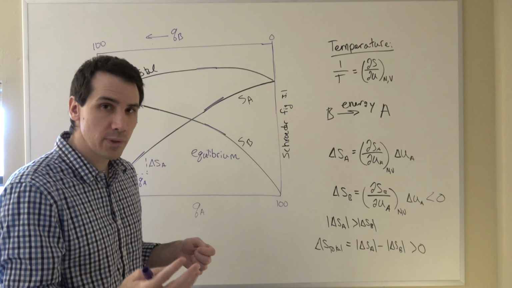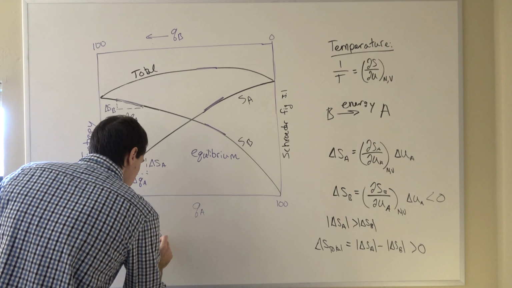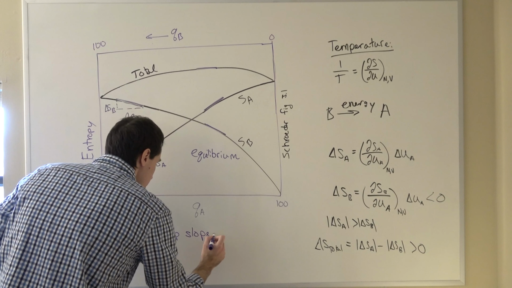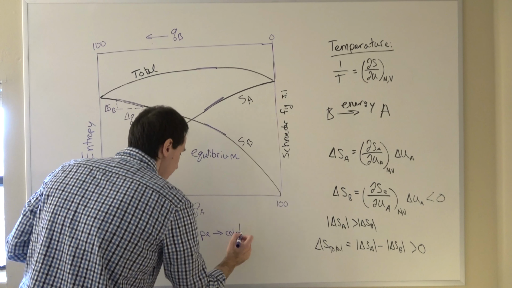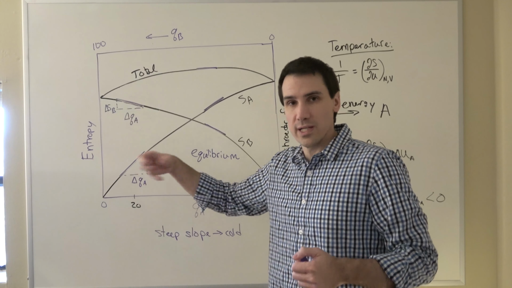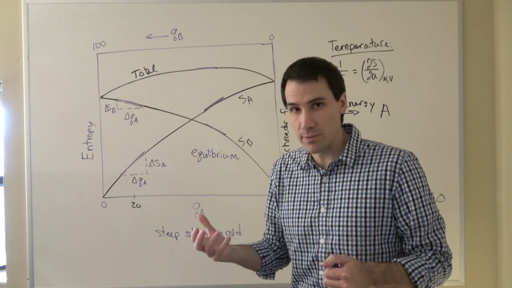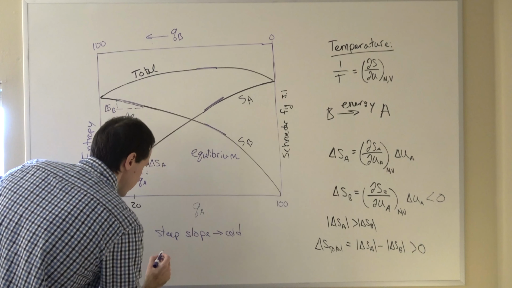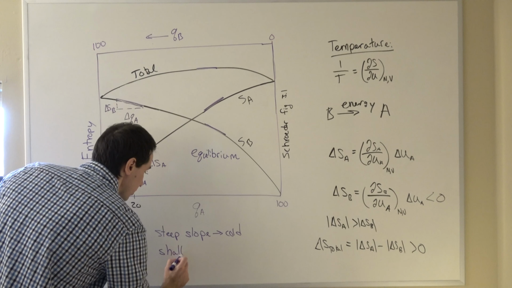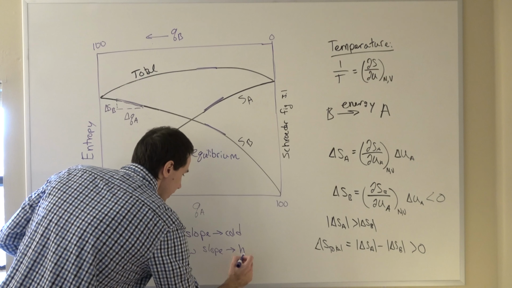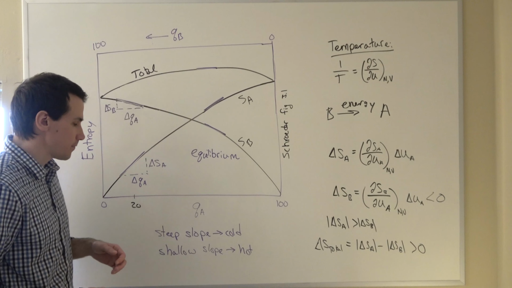Now, what we would expect is a steep slope to be related to a cold object, because if you have a steep slope, you are interested in gaining energy because you get a lot of entropy when you do that. And we would expect a shallow slope to be a hot object.